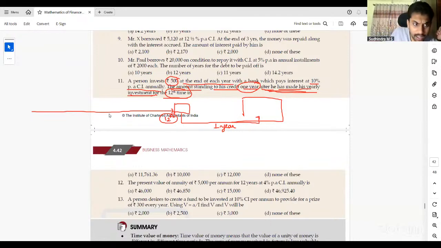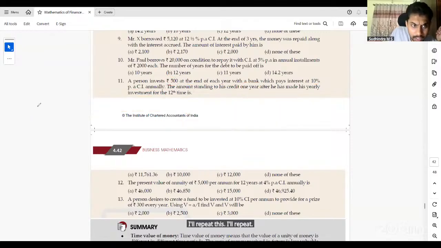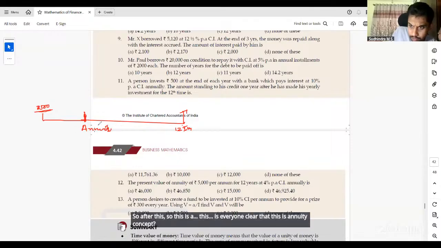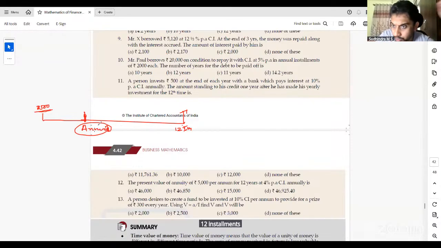I'll repeat this. What are they telling? 500 rupees every installment. How many installments is he making? 12 installments. So everyone clear that this is the annuity concept? 12 installments, 500 rupees, we calculate the future value.